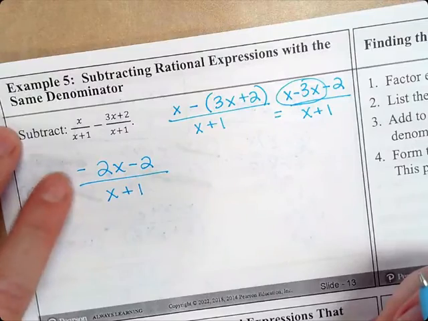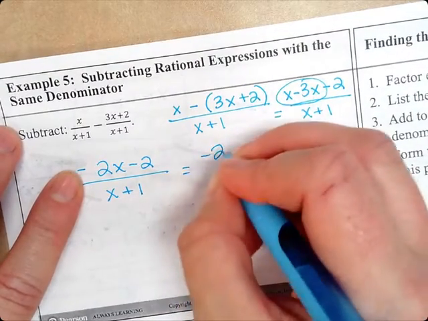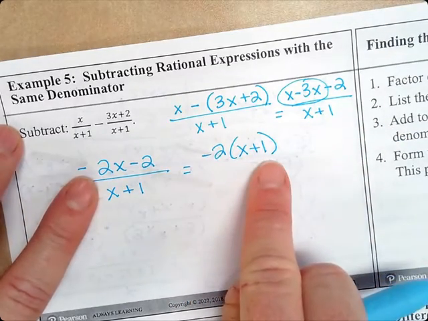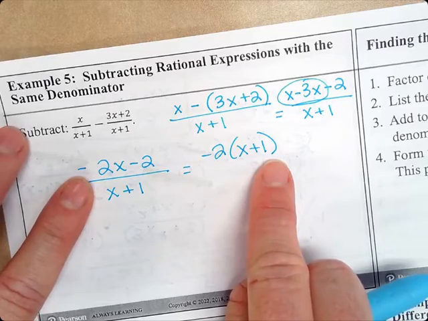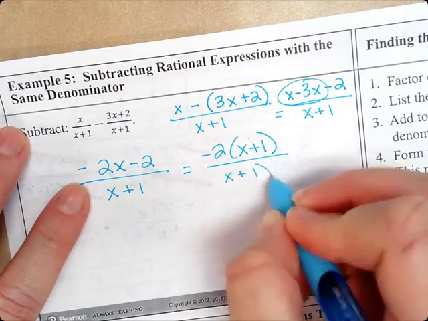We can simplify this, factor out a negative 2 here. So it's actually negative 2 parentheses x plus 1 over x plus 1. I'll put it in parentheses.